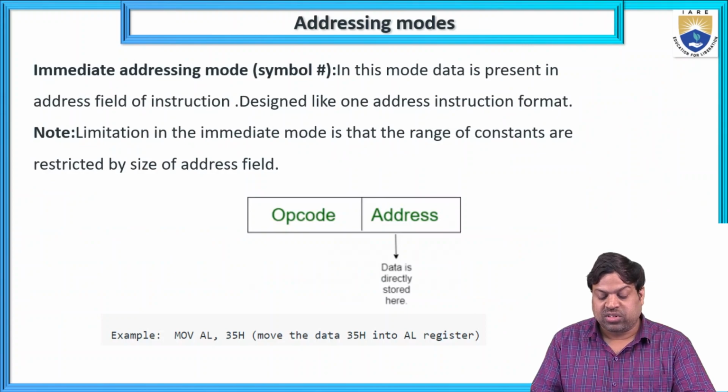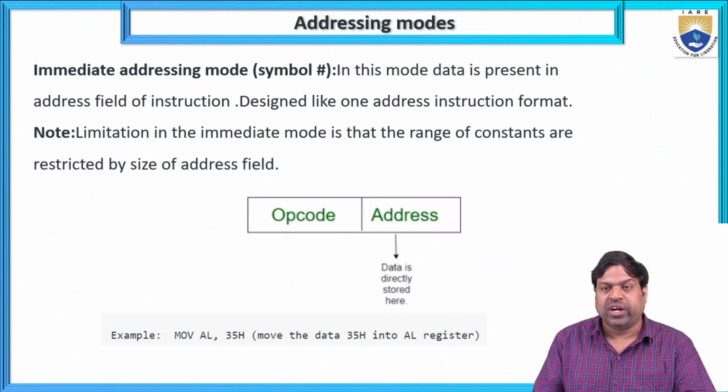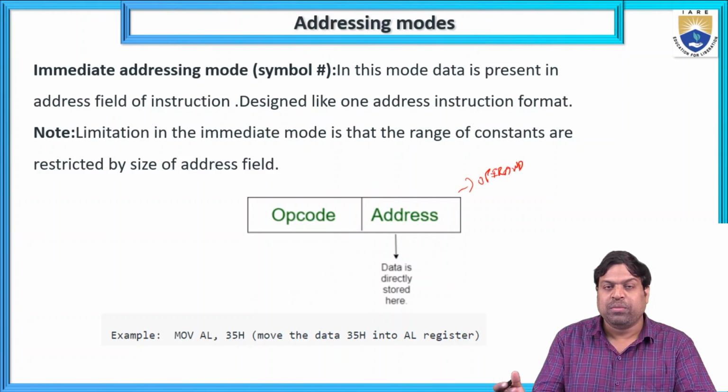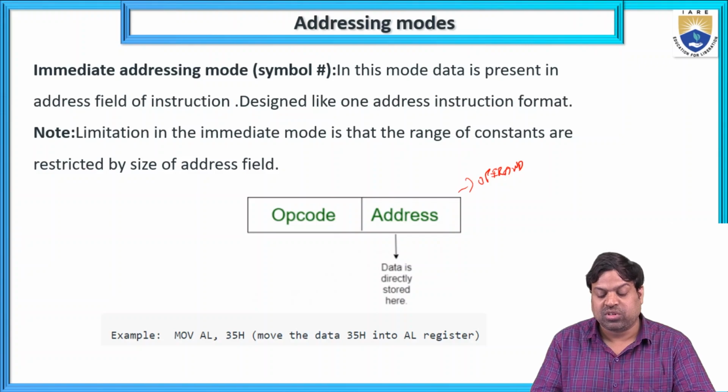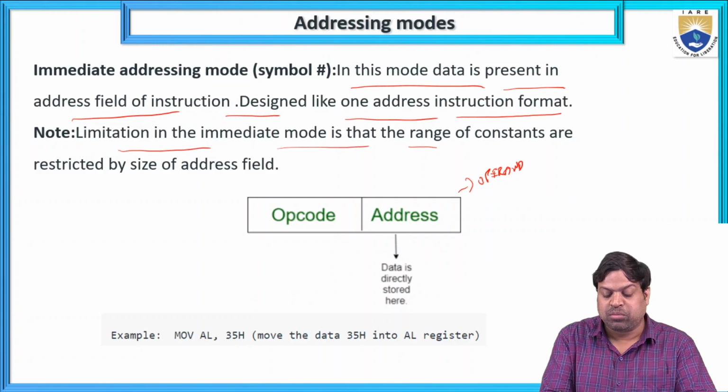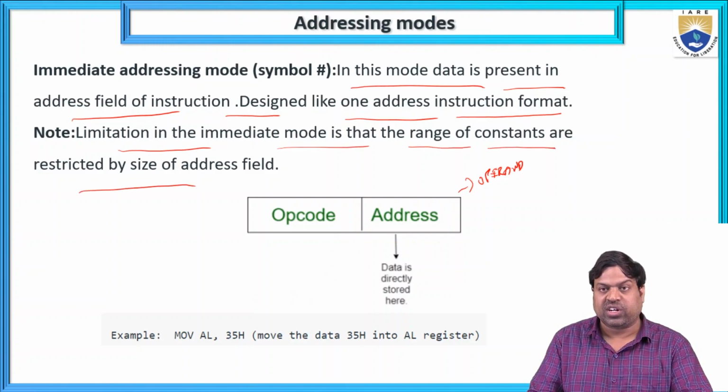Immediate addressing mode. In this, I define the opcode, and in place of the operand I am taking the address. So what is the address? Maybe it is the direct addressing mode or indirect addressing mode, but here I am taking the immediate addressing mode. In this mode, the data is present in the address field of the instruction. Designers like the one address instruction format. A limitation of the immediate mode is that the range of constants is restricted by the size of the address field.